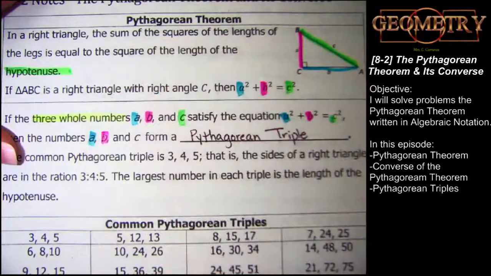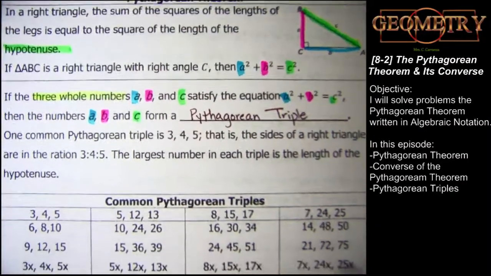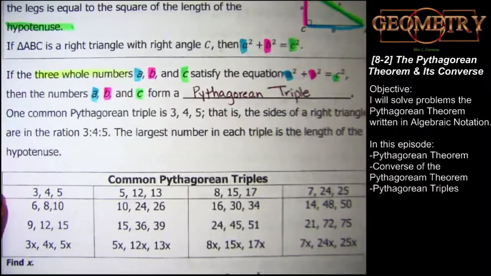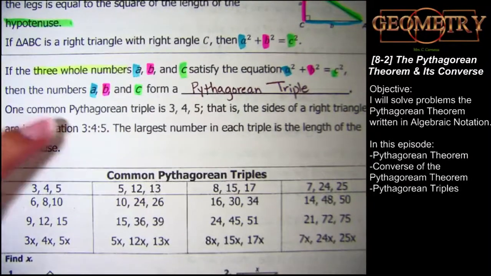Now the thing to know about the Pythagorean triple is that the sides of a right triangle that are formed by the Pythagorean triple are always going to be in some ratio of that triple. The most common triple that you'll see, ACT, TSI, is going to be the 3, 4, 5, or some multiple thereof. Which means if I take each of these three numbers and I multiply it by something, I'm going to get three different numbers.